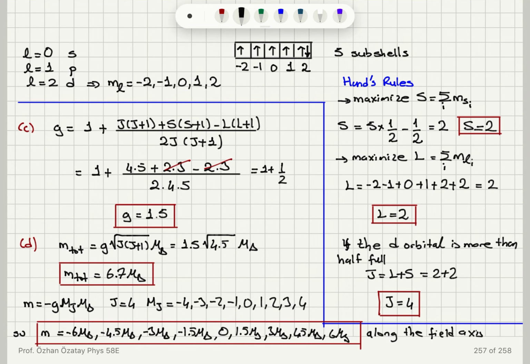Then the g factor we calculate using both orbital and spin contributions is 1.5. And the total magnetic moment is g square root of J(J+1) Bohr magnetons. It's 6.7 Bohr magnetons using both spin and orbital angular momentum contributions. The possible values of the magnetic moment along the field axis range from -6 to +6 Bohr magnetons, changing in units of 1.5 Bohr magnetons.